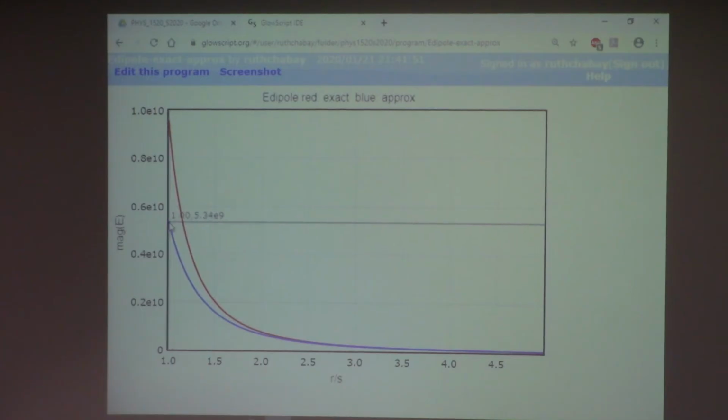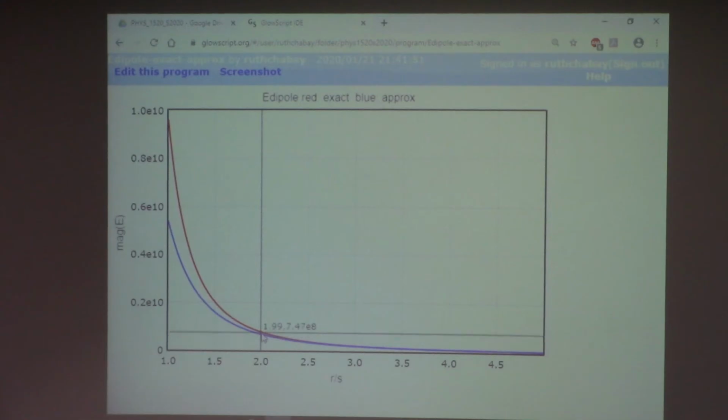The exact calculation is the red and the approximate calculation is blue. And we see that when you're only a distance s away from the dipole, you're off by 40%, because it comes out to 1 instead of 0.6.